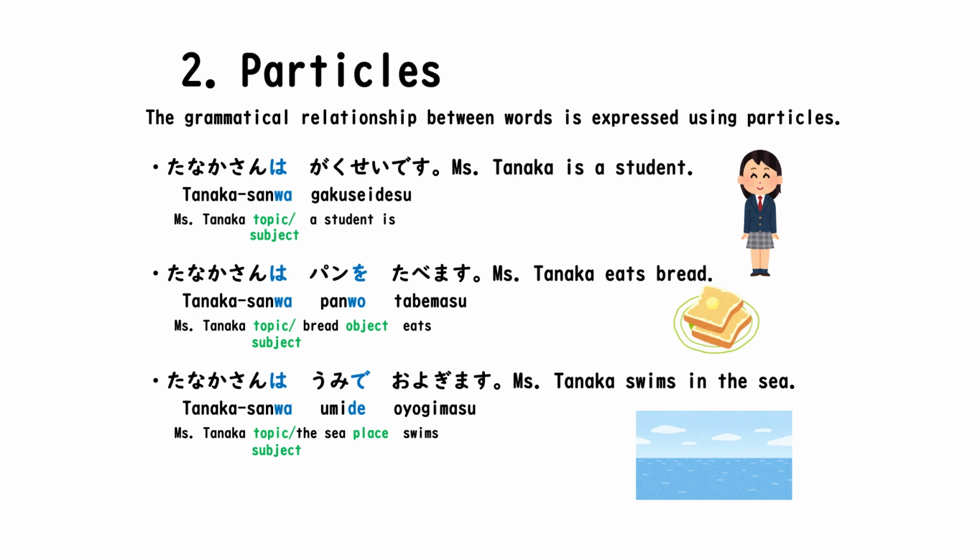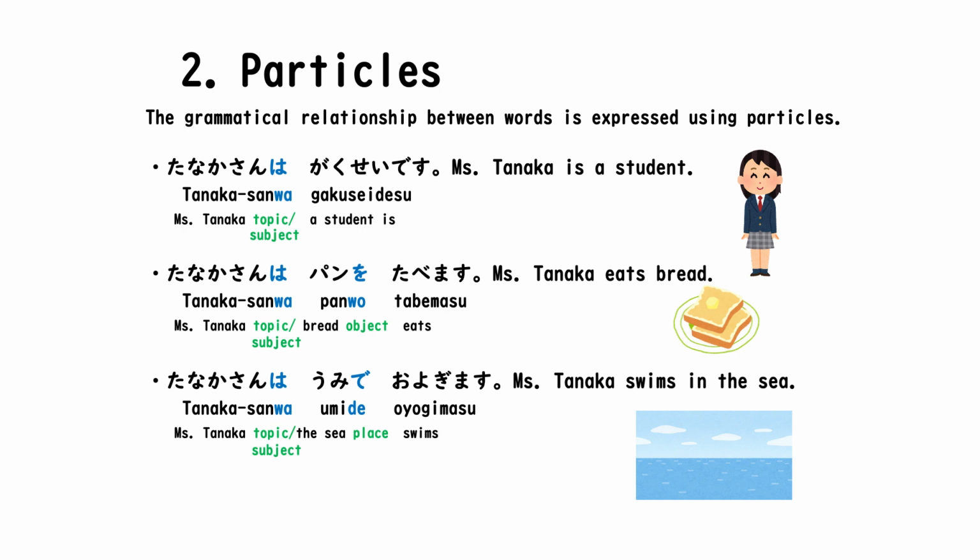In the next example, the sentence is 田中さんは海で泳ぎます. Miss Tanaka swims in the sea. Here, は is a particle that represents the topic or subject, and で is a particle that represents a place.